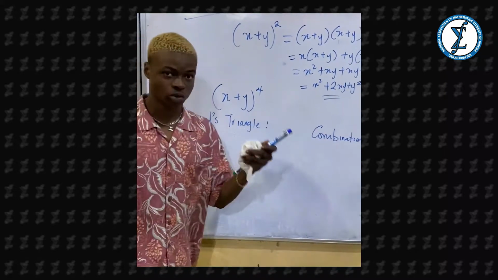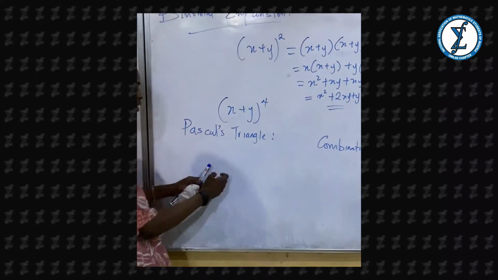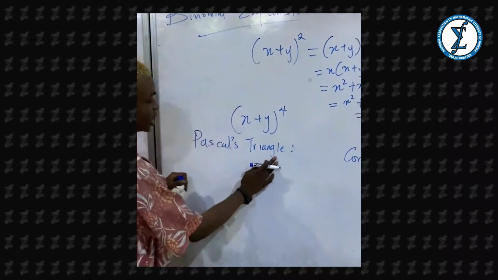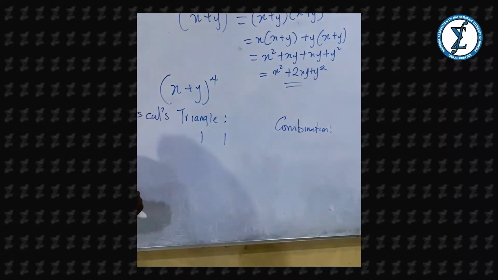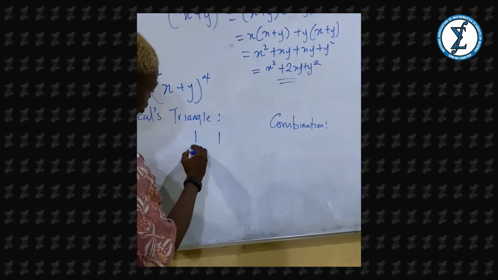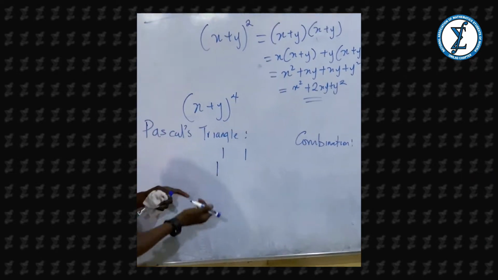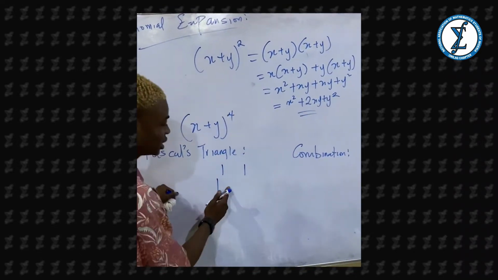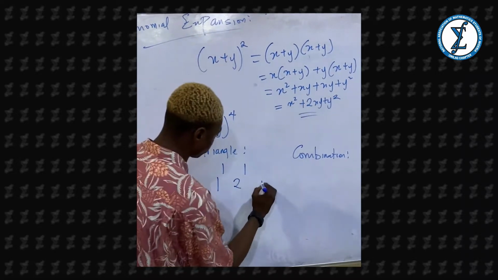The first thing you need to know is how to generate your Pascal's triangle. You start with the first level, which is 1, 1. To generate other levels, you start with 1 and add the numbers in the previous level. For example, to get the second level, you add 1 plus 1, which is 2, and close with 1.